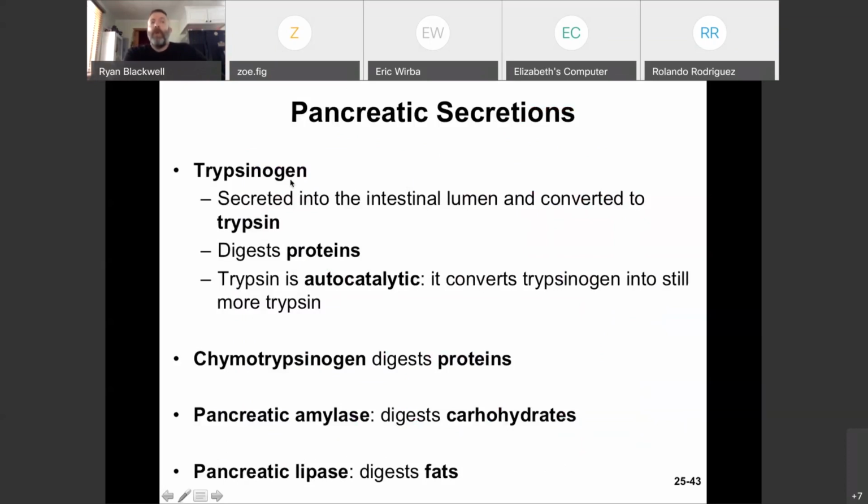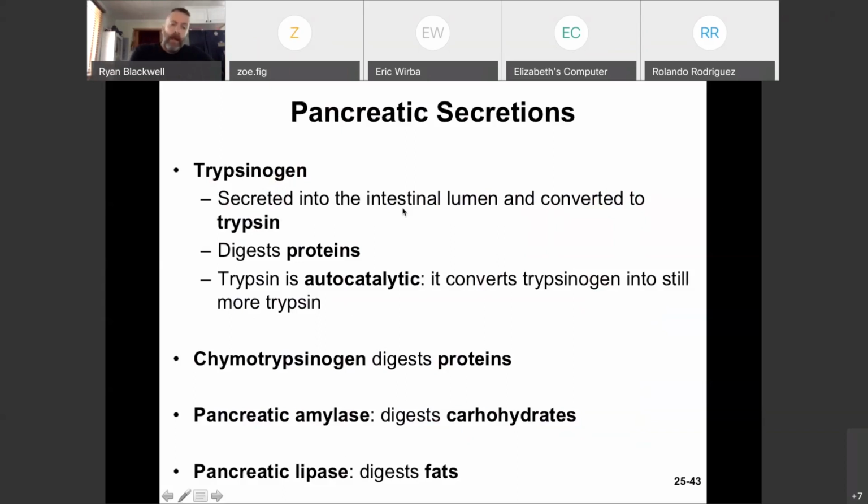We saw how pepsin digests proteins. Well, trypsin and chymotrypsin are the other potent protein digestive enzymes. These are also secreted as inactive enzymes, aka zymogens. A zymogen is an inactive protein. So trypsinogen, its inactive form, gets secreted.